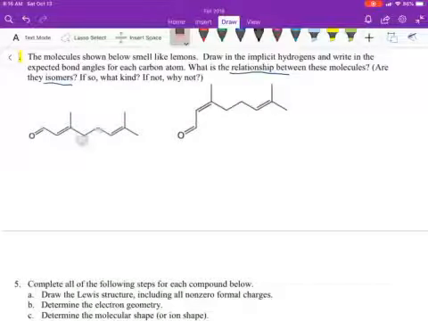So just one thing I really want to point out in case you come across it on a test or anything: say instead of just drawing a line right here, which means there's a carbon at the end of it, we drew a hydrogen.